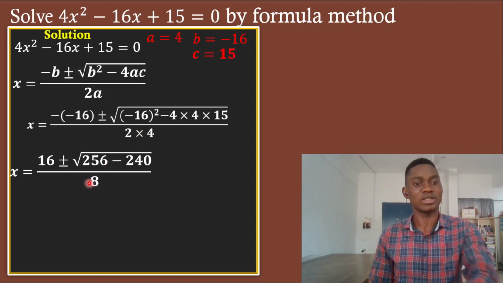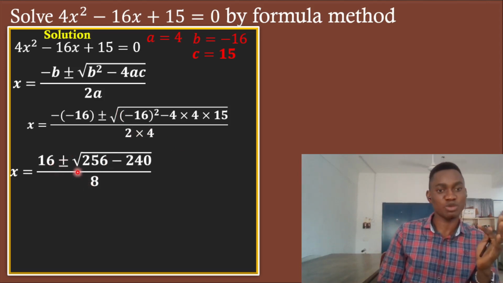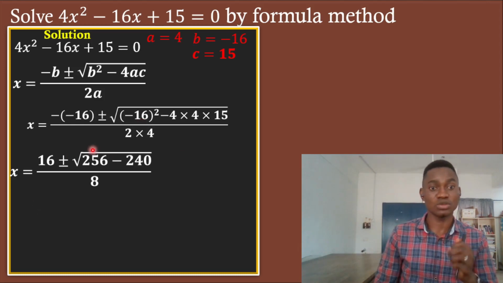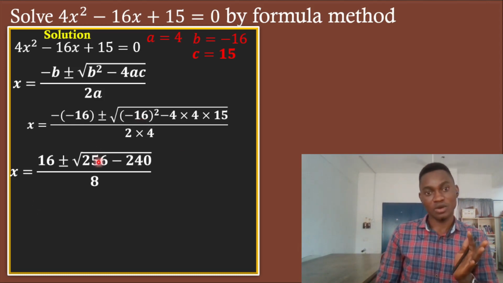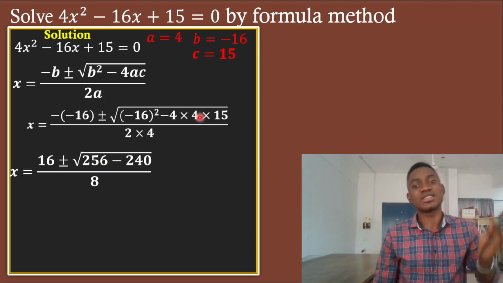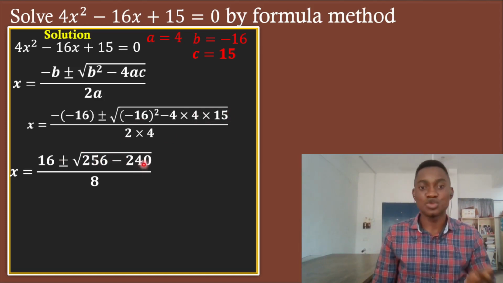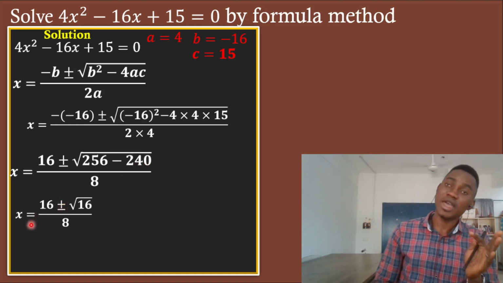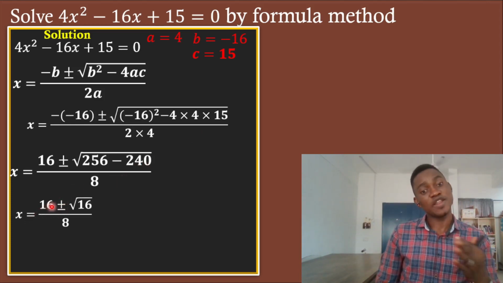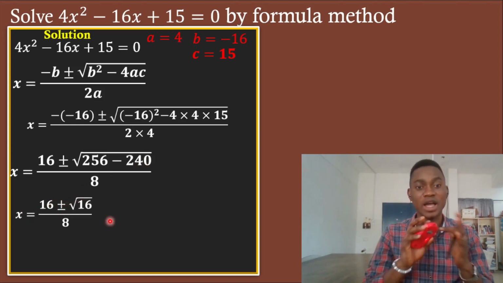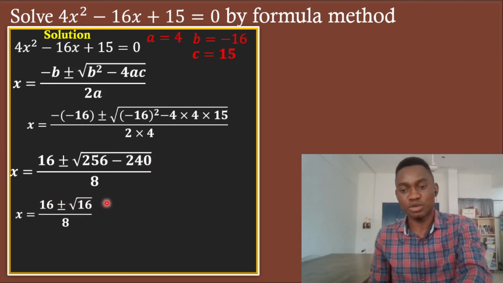And that gives us x equals 16 plus or minus, of course, minus 16 all squared is 256. Then minus 4 times 4 is 16, then 16 times 15 is 240. Then when we simplify further, we'll get x equals 16 plus or minus root of 16 all over 8.